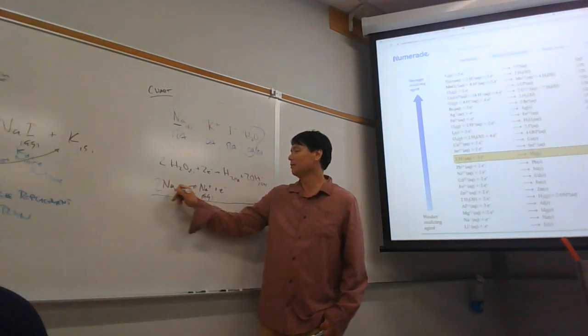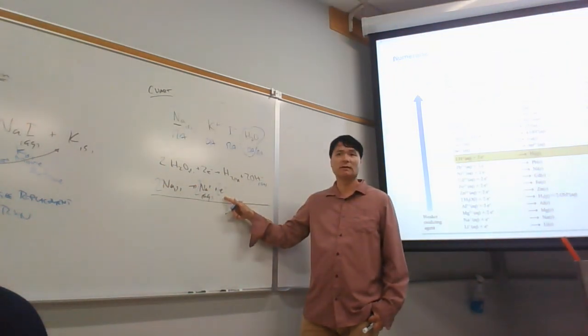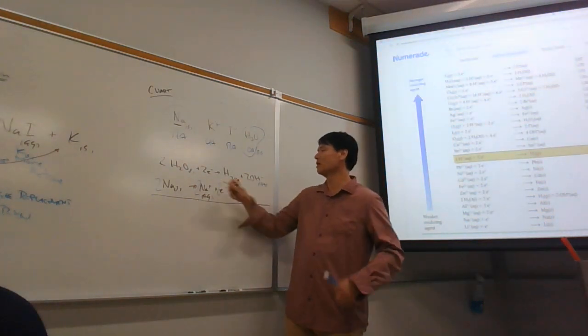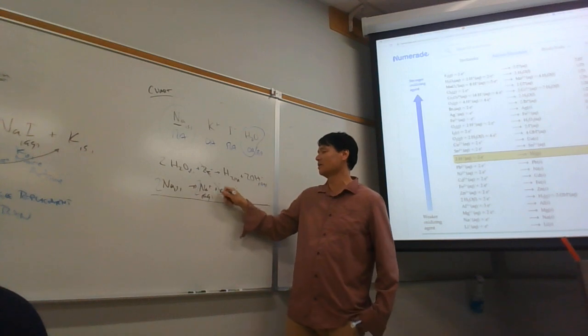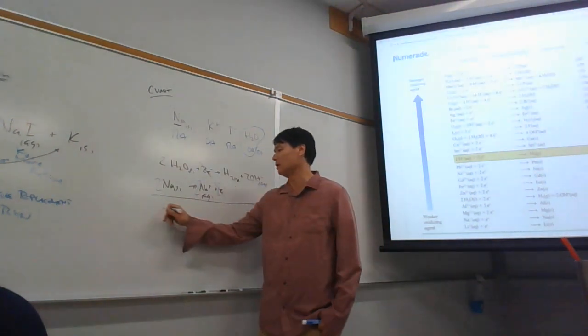I'm going to double the bottom equation here, and that's going to give me 2 electrons on the right side. What that means is that the 2 electrons on the left side cancel out the 2 electrons on the right side. That's what we need to do in order to make this balanced.